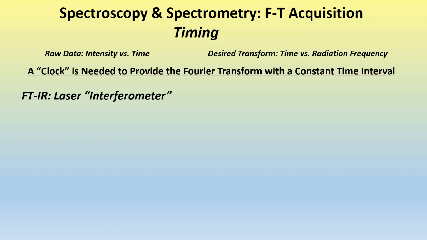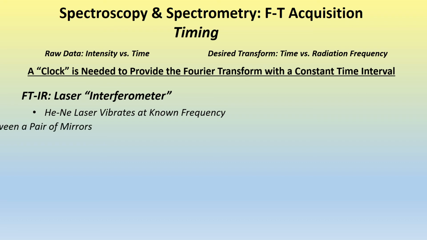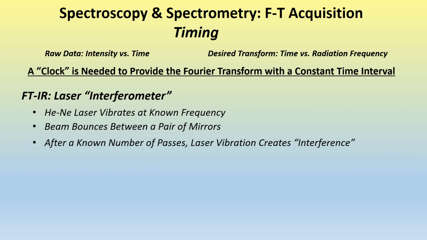FTIR, a laser interferometer is used. A helium neon laser vibrates at a known frequency. The beams produced bounce between a pair of mirrors. After a known number of passes, the vibration of the laser creates an interference pattern where there is cancellation.